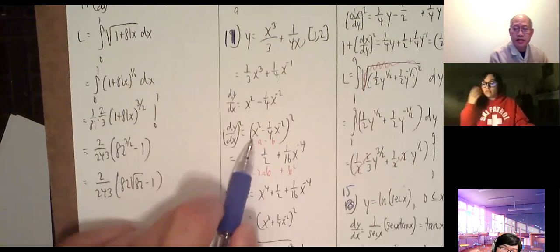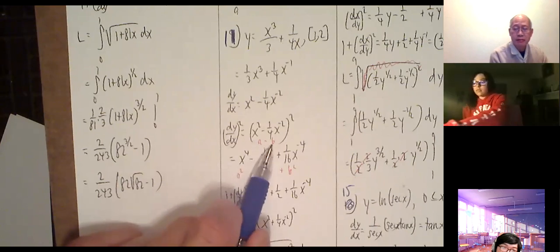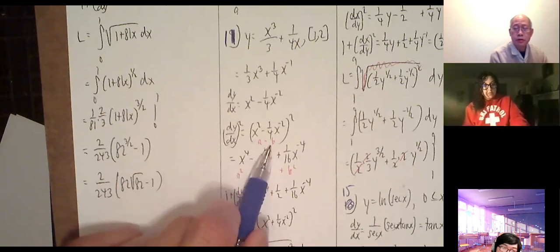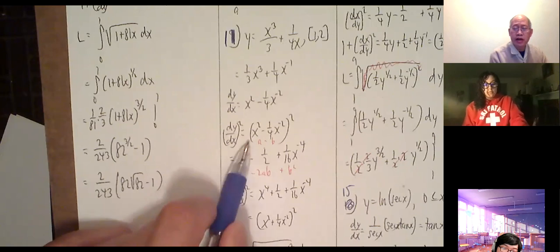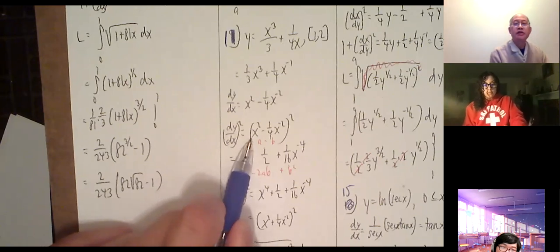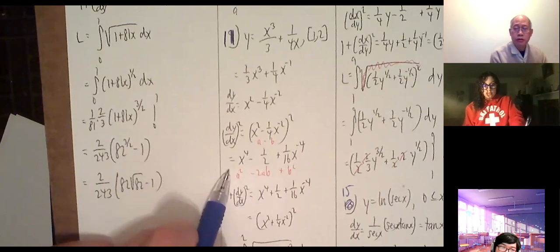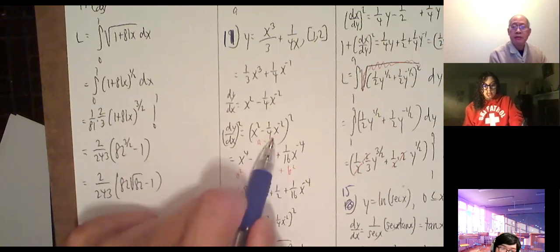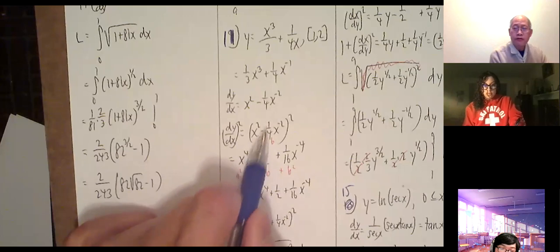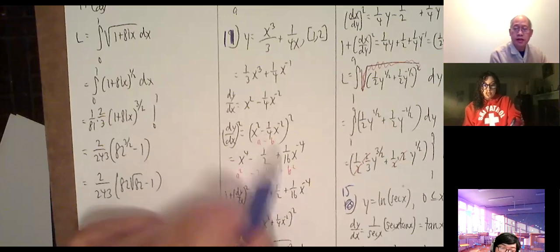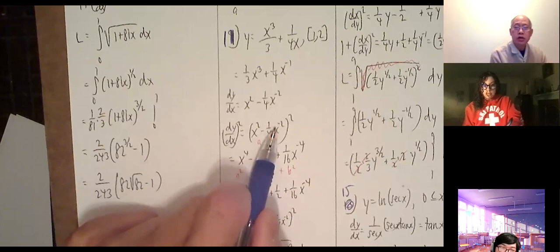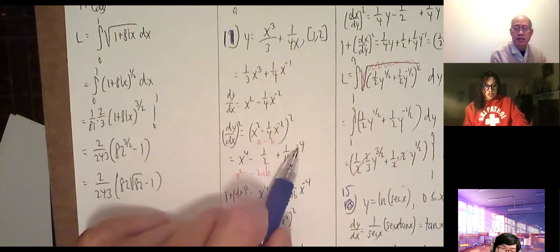I have to square this. That's like my a, that's like my b. So my a squared is x squared squared, x to the 4th. My b squared: 1/4 squared is 1/16, and x to the minus 2 squared is x to the minus 4.